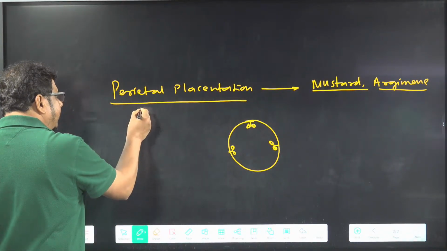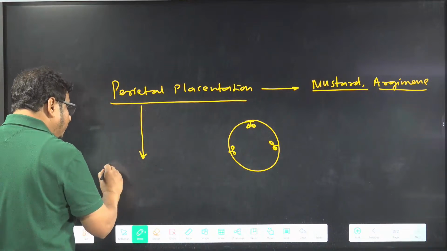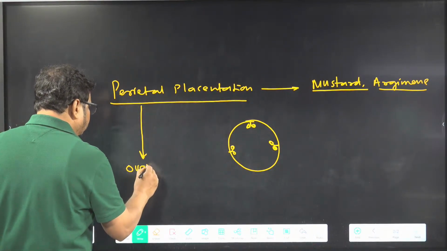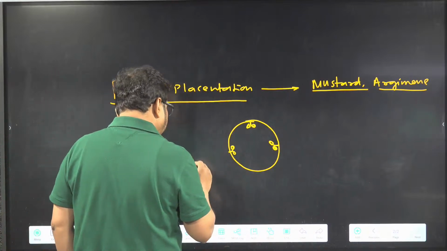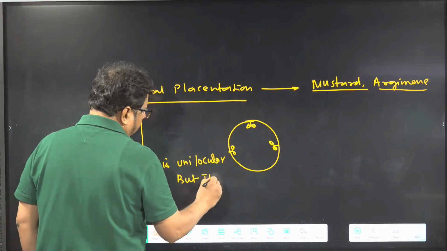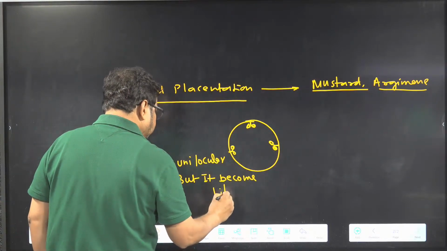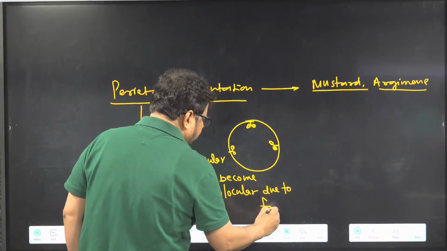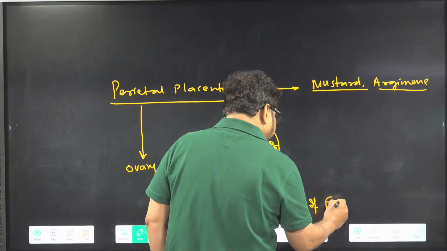Other than the diagram and example, what do we keep in mind about parietal placentation? From here, theory questions are going to be asked. Keep in your mind: ovary is unilocular, but it becomes bilocular due to the formation of a false septum.